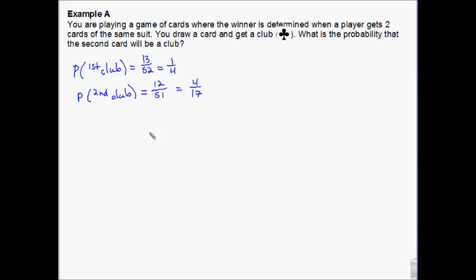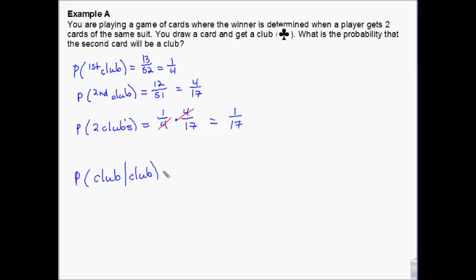So far okay? Now the probability of the 2 clubs is 1/4 times 4 over 17, and a beautiful thing just happened here. Those cancel. So I didn't even have to think. I just write down 1 over 17. Now the probability of club followed by club, when I already have the first one, is that 1/17, right?